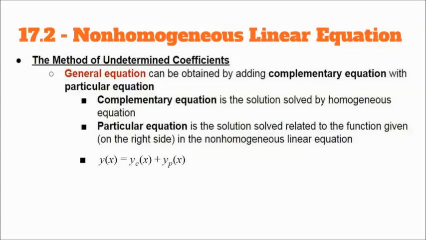Now, to do this, you find the general solution, and you get it by adding the complementary solution and the particular solution. The complementary solution is the one solved from the homogeneous equation, and the particular solution is the one solved from the non-homogeneous linear equation.